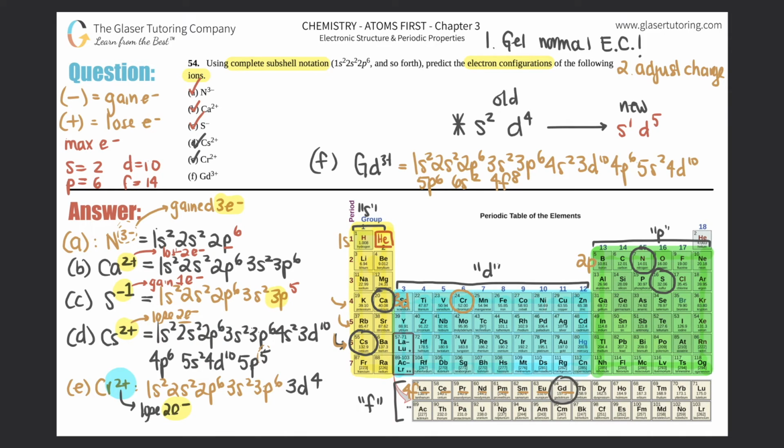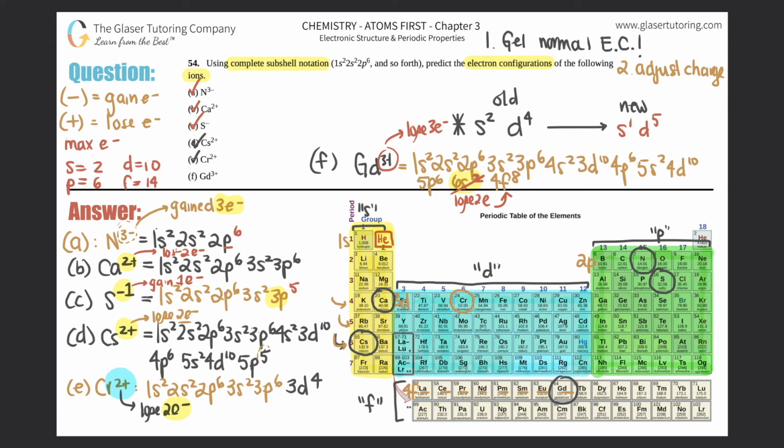So we got to find the outer one. The outer one is going to be 6s2. But there's only 2 there, right? So you can only get rid of 2 electrons here. With this, you needed to lose 3 electrons. And here, you could only lose 2 electrons. And then you would lose it from back to front.